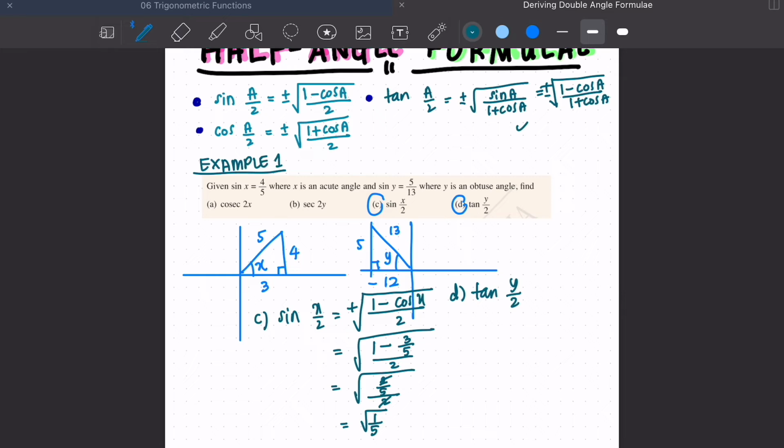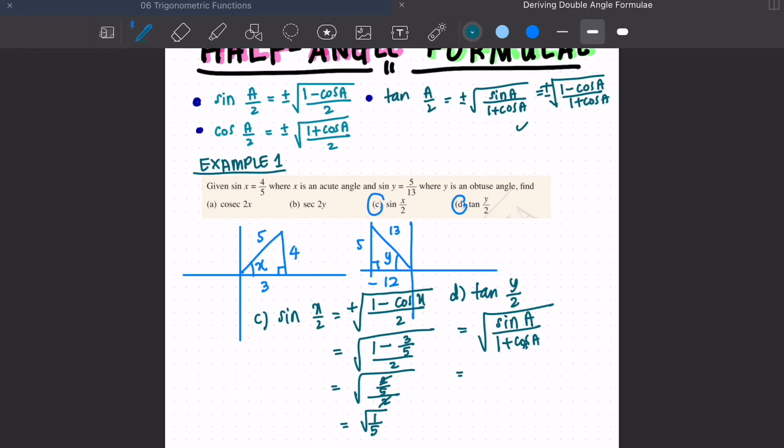Whatever ratio is in the first quadrant will be positive, so the square root will be positive. It will be the square root of sine A divided by 1 plus cos A. Again, it is positive because when we halve the obtuse angle, we still get an angle less than 90.